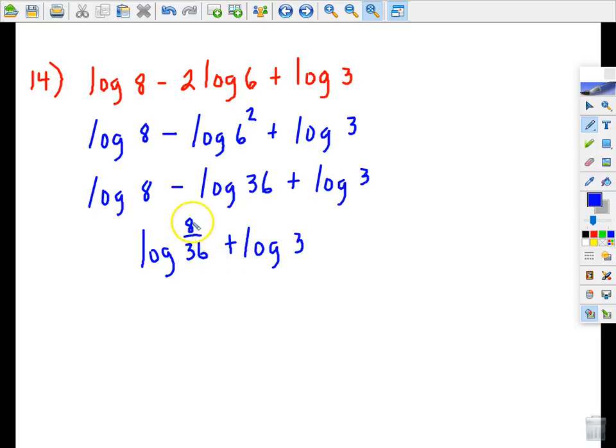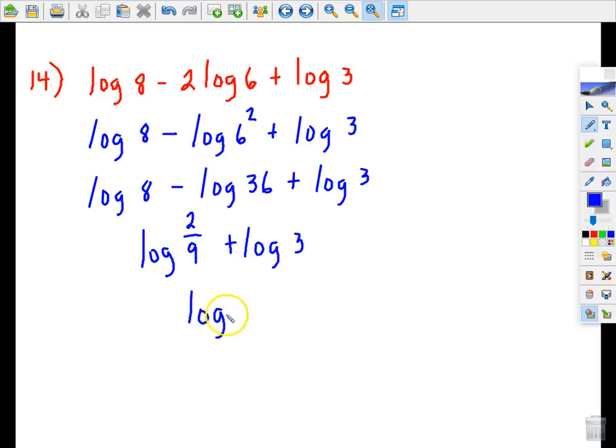Okay, and if you can reduce, you should. Hopefully you can see that 8 over 36, you can divide 4 into both of these, and I'm just going to make it become 8 divided by 4 is 2, and 36 divided by 4 is 9. So I'm just going to make this become 2/9, just reducing. All right, and now two different logs of the same base that are being added can be combined together using multiplication.